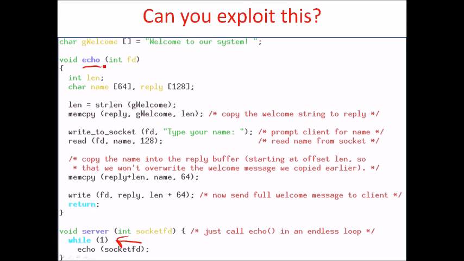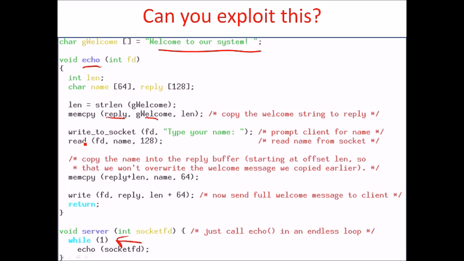Echo does nothing other than copy a global welcome string, gwelcome, which says welcome to our system, into a buffer called reply. The length is determined by strlen. So it copies the gwelcome string into the reply buffer, and then it writes to the socket, to the client that connects to our server, type your name.